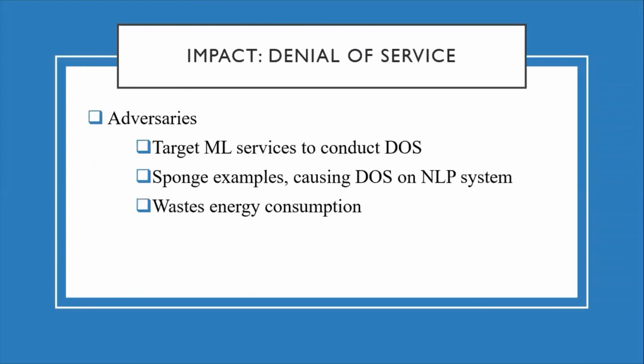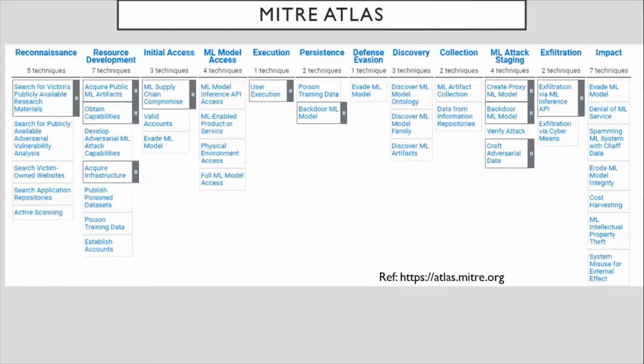It can also be used to create a denial of service: they can use the inference API to provide a lot of wrong information, or make the ML model run more than required, which wastes energy or computation power in the target system and can cause wide server downtime.